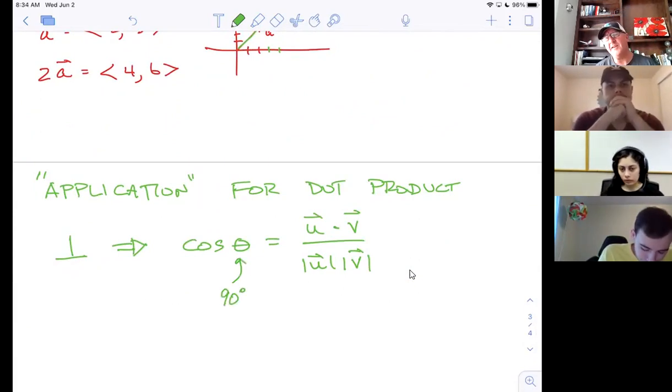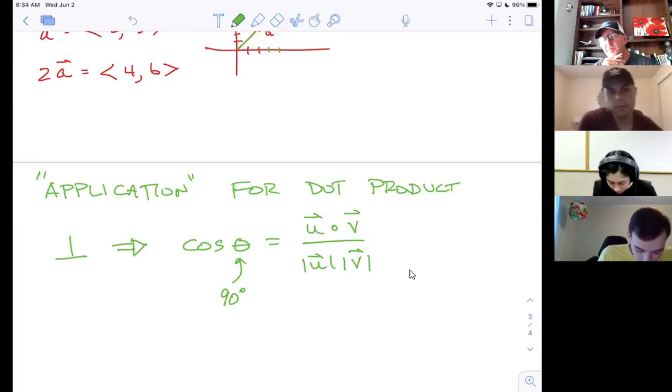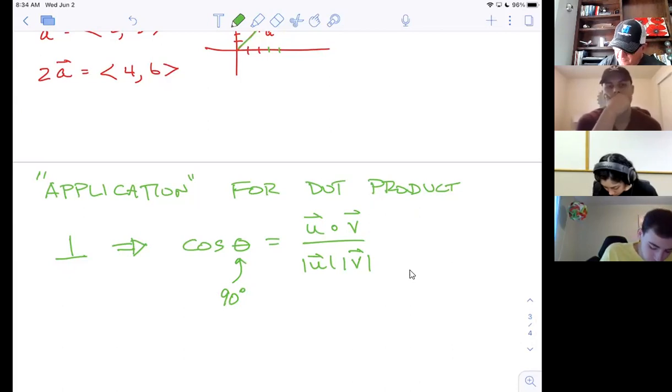But what's the cosine of 90 degrees? Think unit circle. I hope you don't have that memorized. I hope you actually have to draw a picture in your mind's eye and think, okay, SOHCAHTOA, cosine is x. X at 90 degrees would be 0. So the cosine of 90 would be 0.